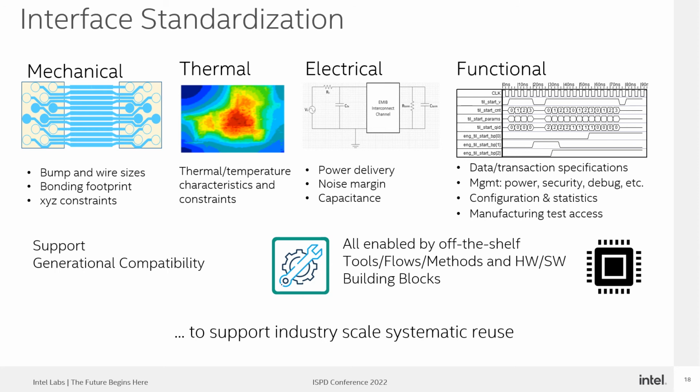We have to support generational compatibility as we go forward and provide different generations. All can be enabled by off-the-shelf tools, flows, and methods and hardware and software building blocks. And once that happens, we can support industry scale systematic reuse, and many companies can come together to form alliances and provide better and better products as we go forward.